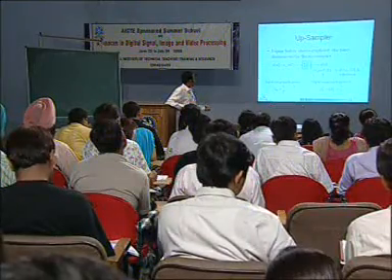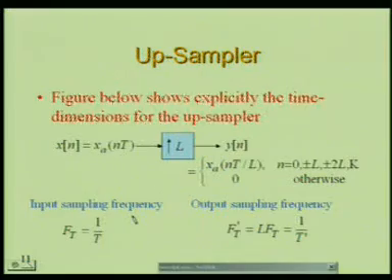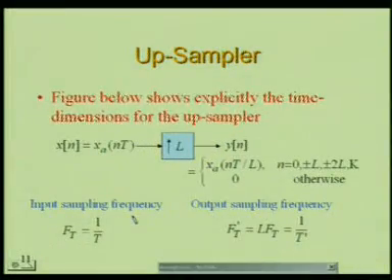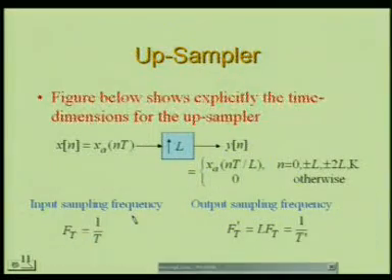Similar is the case with the upsampler. This particular figure shows an upsampler. This figure shows explicitly the time dimensions for the upsampler. x n is the input sequence, which is again obtained by sampling x a n T, n T is replaced for t, where x a t is the time continuous function and x a n T becomes the discretized version of the time continuous function x a t.